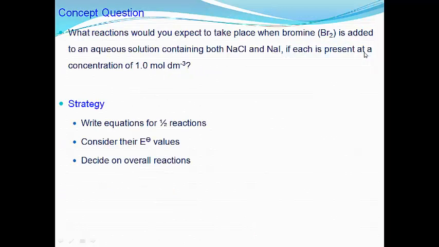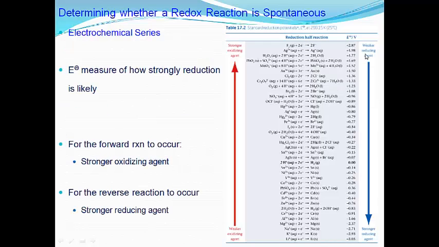So, what does this tell us about the capacity for a redox reaction to occur? If, for example, we were to bubble fluorine gas through a solution of, say, zinc 2 plus, would we have a reaction occurring?